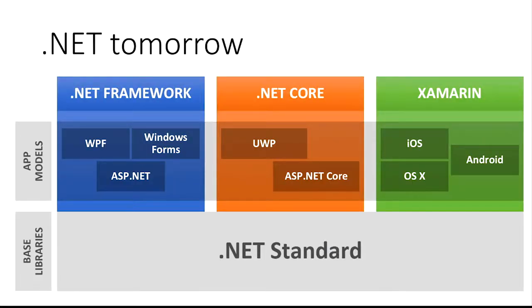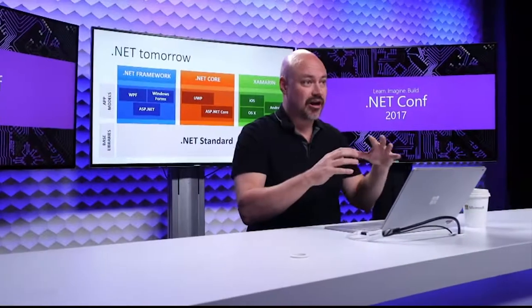So this is what .NET Standard does for us. The idea is that there are places where these different app models require different code. They're running in different places and doing different things. However, that standard base library stuff should really be the same, things like collections or I/O, some things that are standard across .NET. So the idea is let's take all that stuff and put it in one standard place.